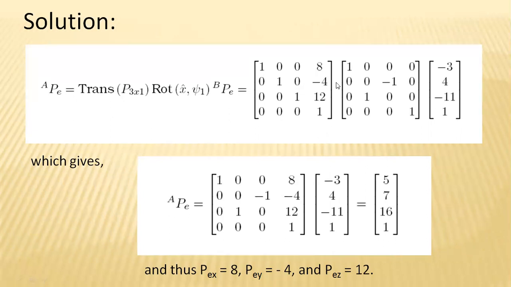So solving both gives the value like this, minus 1, minus 4, and the value of the end effector from the base point. When it is multiplied with it, we will be getting the position with respect to the reference frame A.